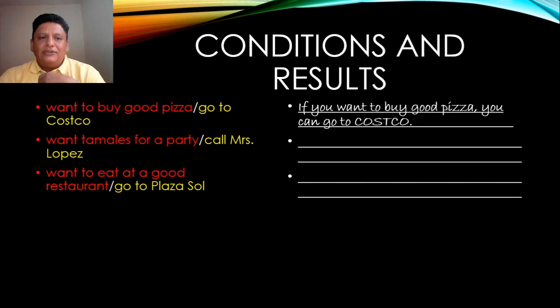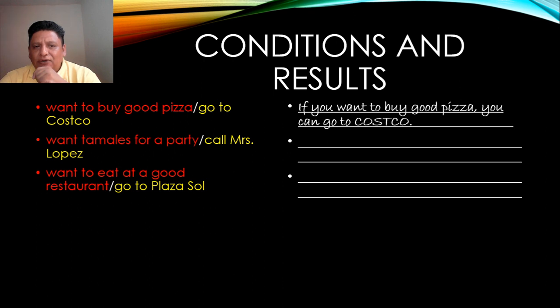Okay, we're going to practice the conditions and results first with can. For example, the condition is in red, the result is in yellow. Want to buy good pizza? Go to Costco. So you can say, if you want to buy good pizza, you can go to Costco. Okay, so those are the conditions and results. We have one more.